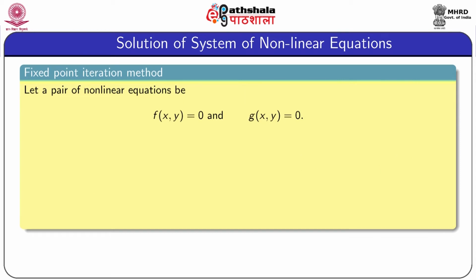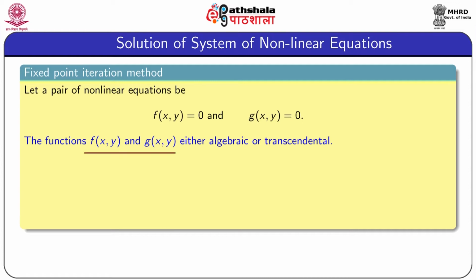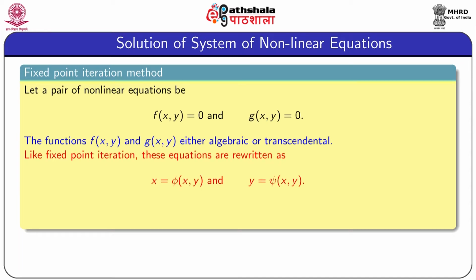Now, we consider the fixed point iteration method to find a root of a pair of nonlinear equations. The nonlinear equations be f(x, y) equal to 0 and g(x, y) equal to 0. The functions f(x, y) and g(x, y) are either algebraic or transcendental. Like the fixed point iteration method, these equations are written as x equal to phi(x, y) and y equal to psi(x, y).